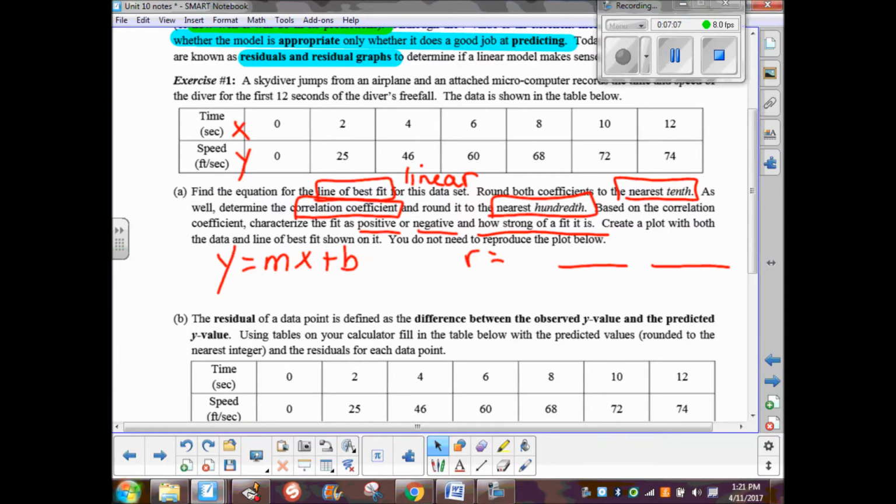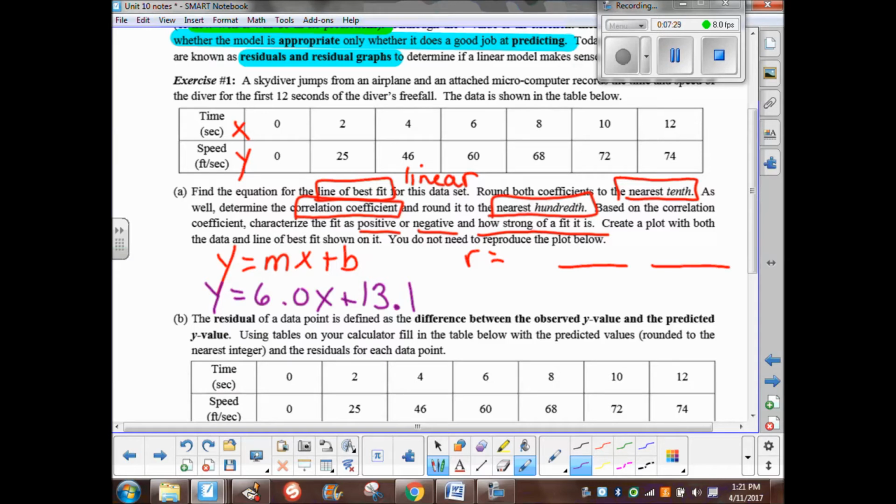Okay. So I've got to write some stuff down. So nearest tenth, is it 6.0 x plus 13.1? Yes? Okay.